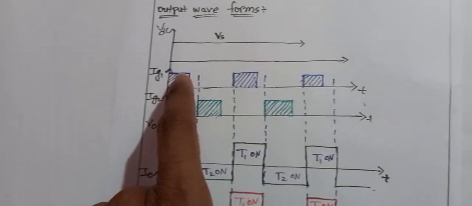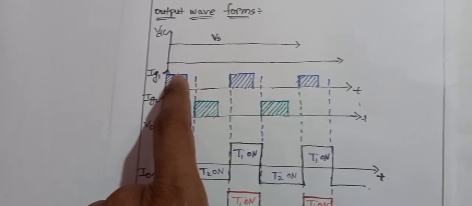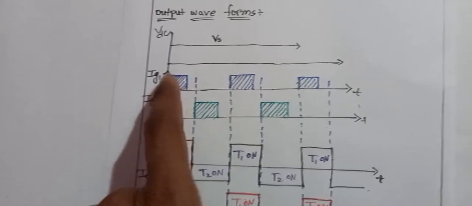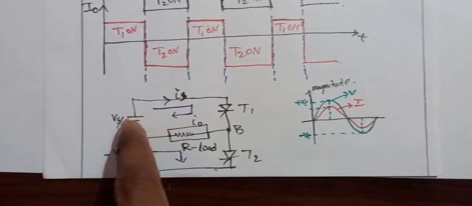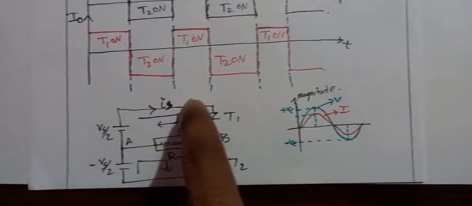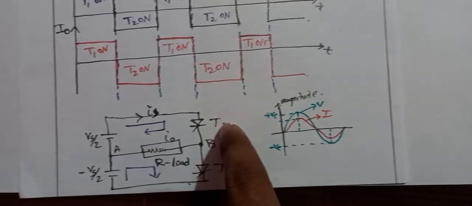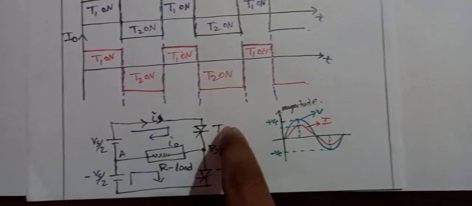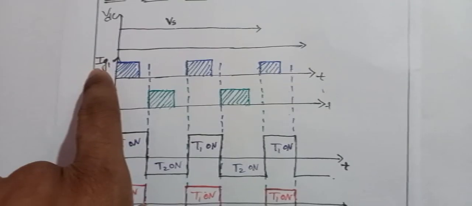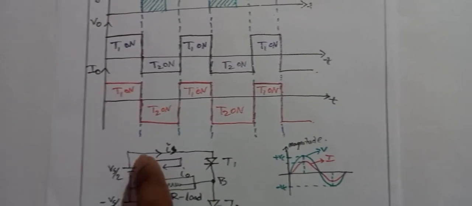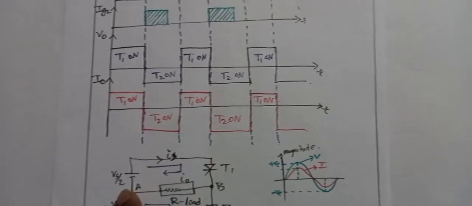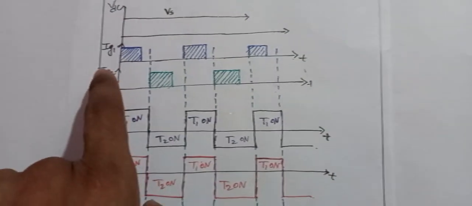In the T1 case, the flow of current is from B to A. Already we know that here Vs by 2, the current flows from B to A when T1 is in turn on condition, that is, when the IG1 gate is turned on. When the IG2 gate turns on, T2 is in turn on condition and T1 is in turn off condition.